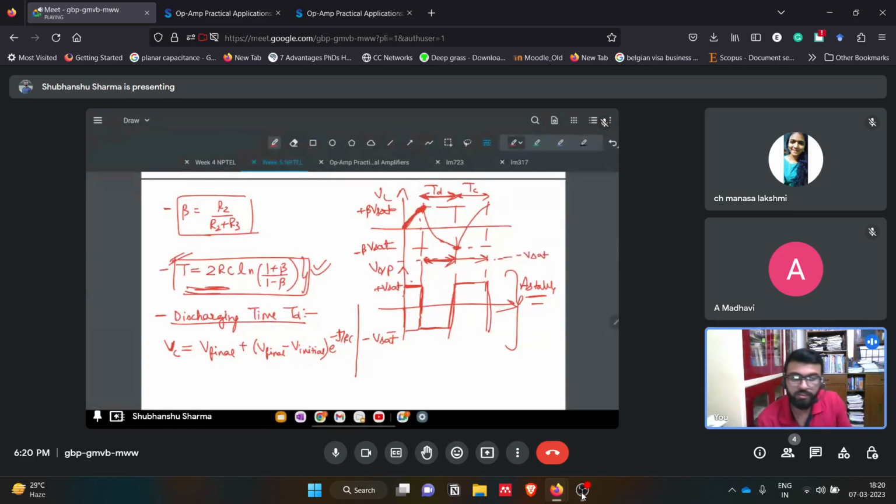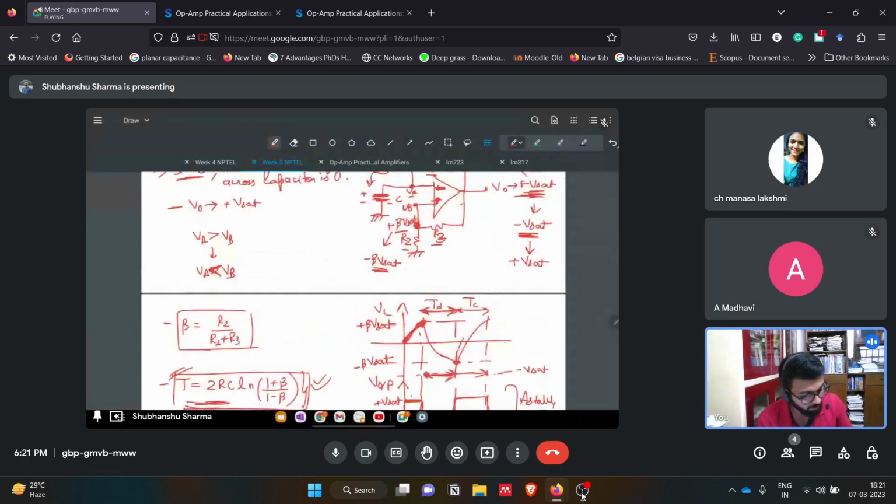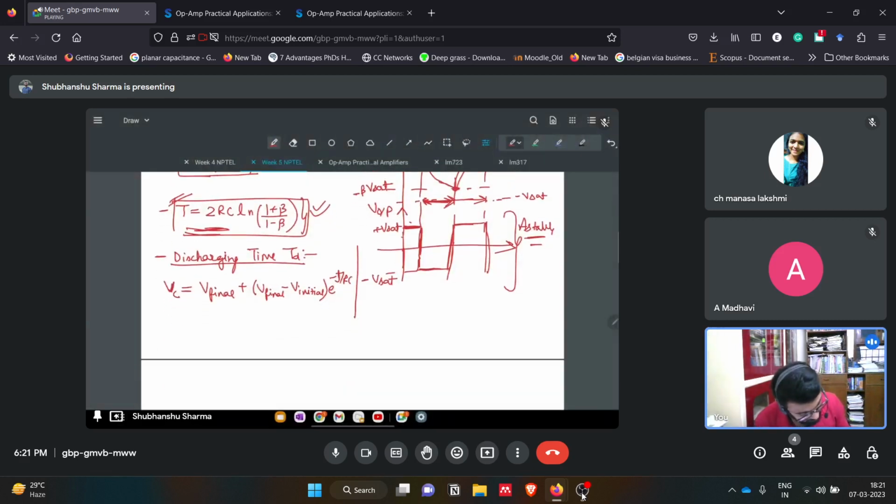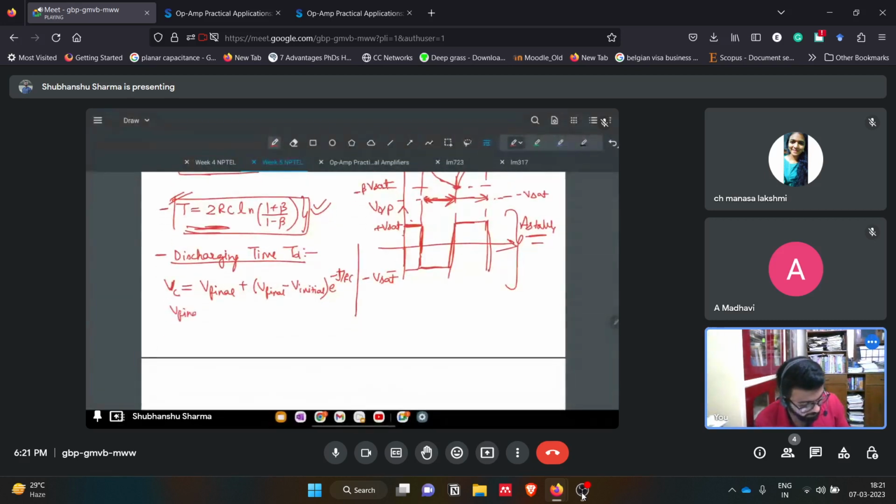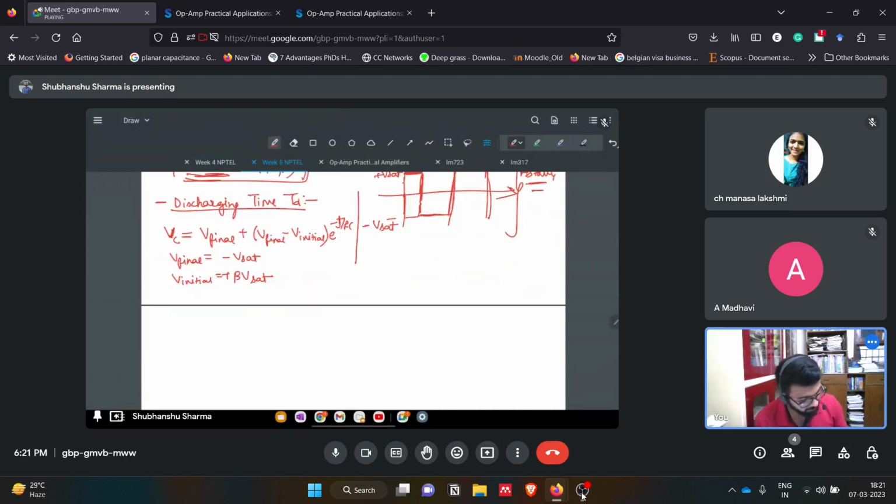It wanted to achieve minus V sat, but before that it starts charging again because of the reference voltage set by the positive feedback of the op amp. So the final voltage which the capacitor wanted to achieve was minus V sat, and the initial voltage it was having was plus beta V sat.